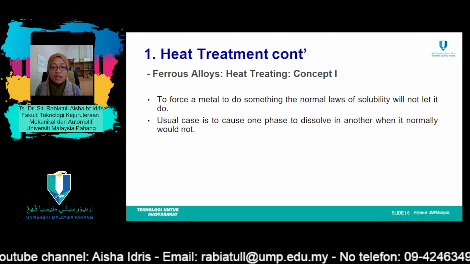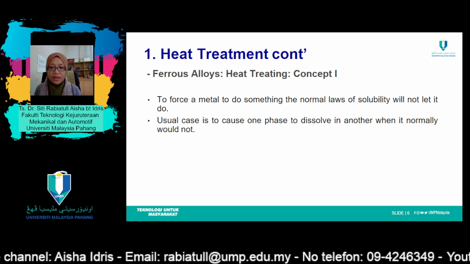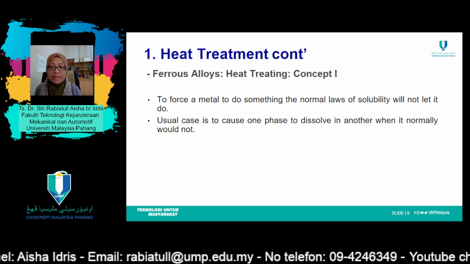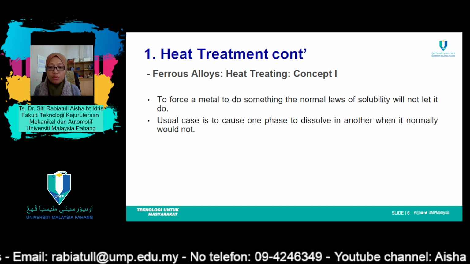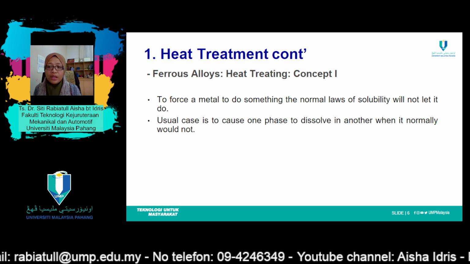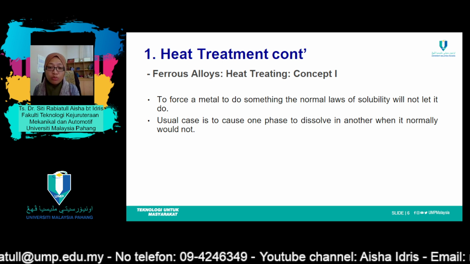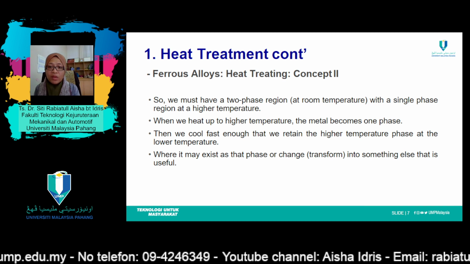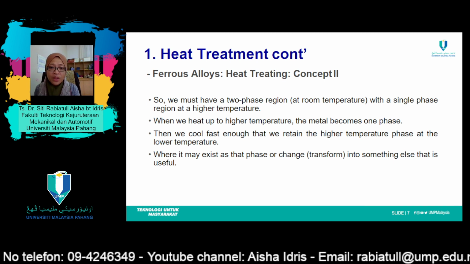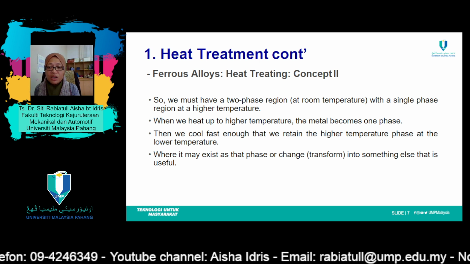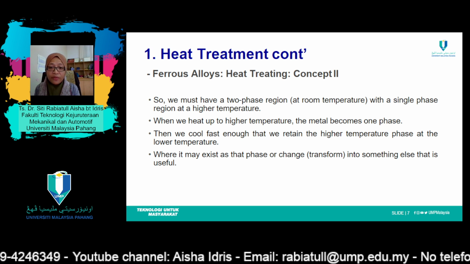alloys, number 1, to force a metal to do something the normal laws of solubility will not let it do. Number 2, the usual case is to cause one phase to dissolve in another when it normally will not. So we must have a two-phase region with a single phase region at a high temperature. When we heat up to a higher temperature, the metal becomes one phase.